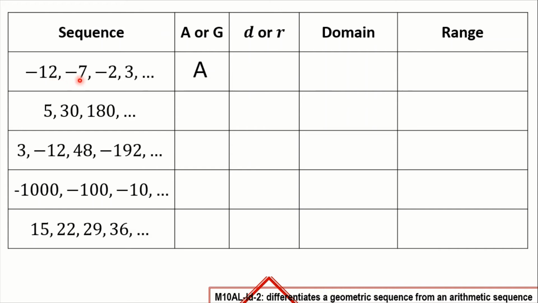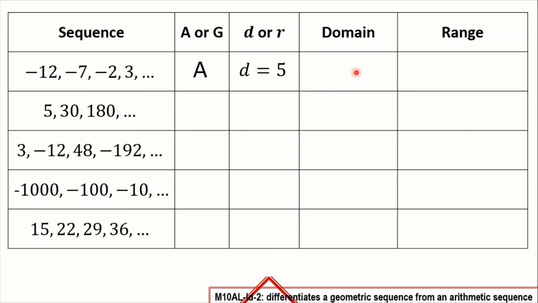We have second term minus first term, or third term minus second term, or fourth term minus third term. So, we have negative 7 minus negative 12, negative 2 minus negative 7, or 3 minus negative 2. Lahat naman sila, ang answer natin or the difference is 5. So, the common difference is positive 5.